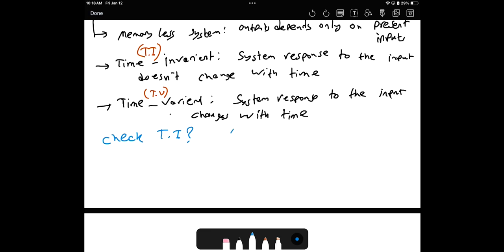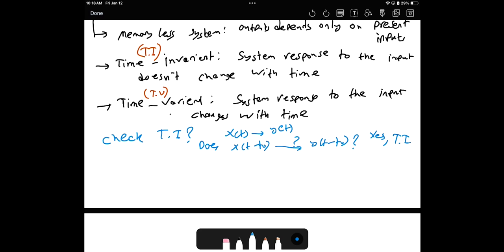So basically, when you have x of t, it should give you y of t. The question is, when you apply x of t minus t0, will it give you y of t minus t0? If yes, then it is time invariant.